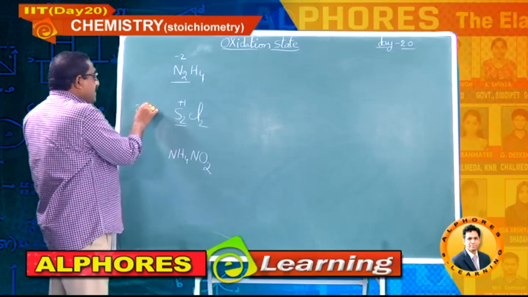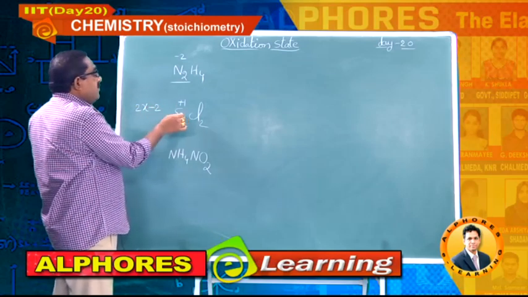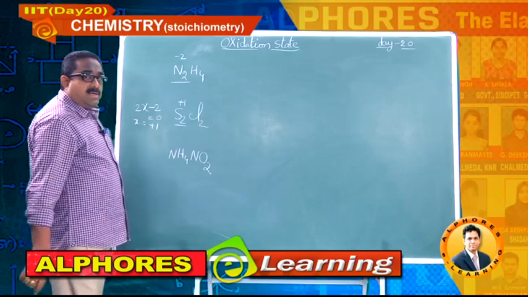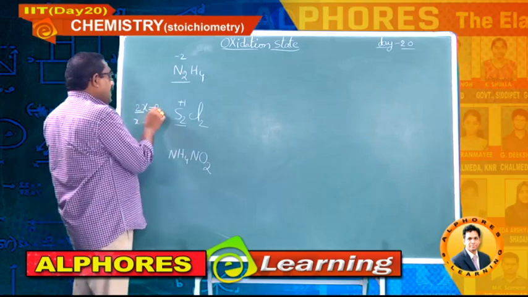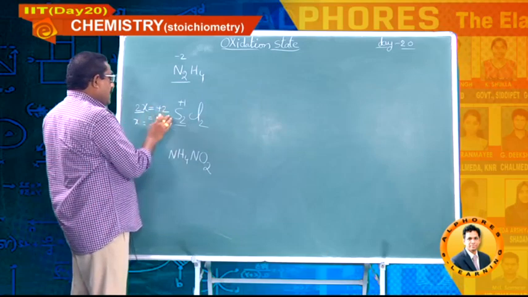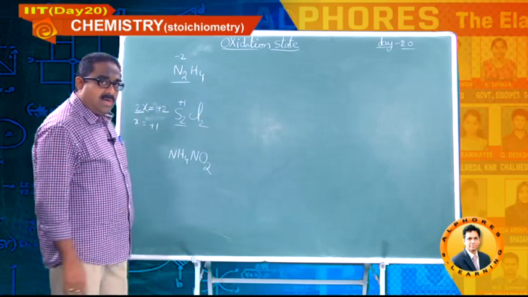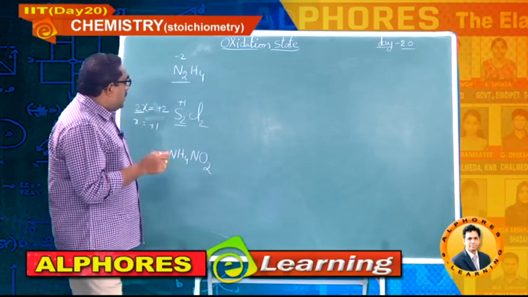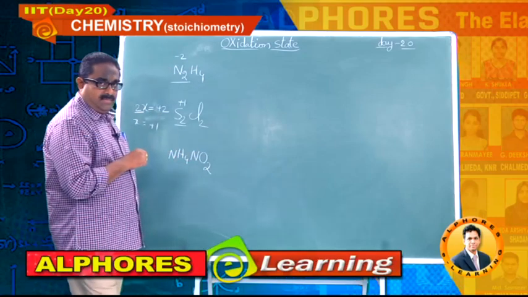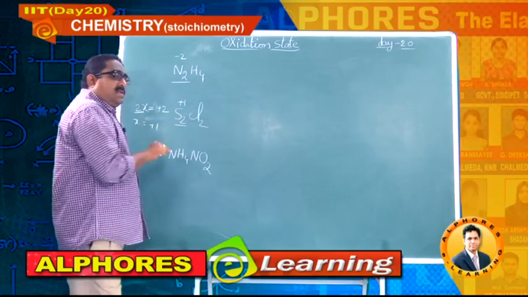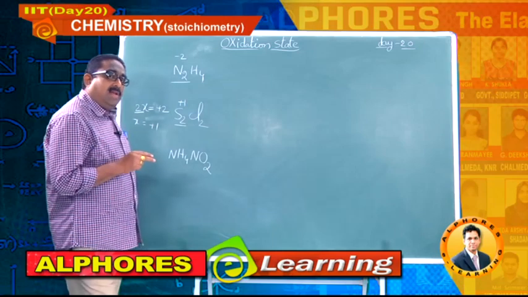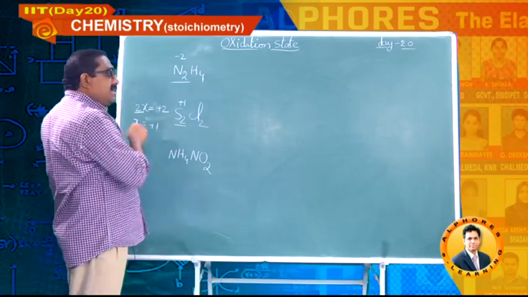See here, yesterday we did this: 2x minus 2 chlorines at -1 equals 0, x equal to +1. For 2 sulfurs it is +2. If anybody wants to calculate the individual oxidation state of both the sulfurs, then the data is not sufficient.